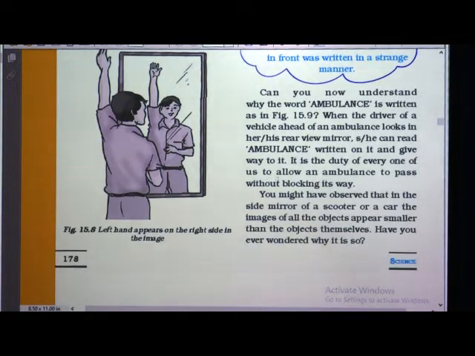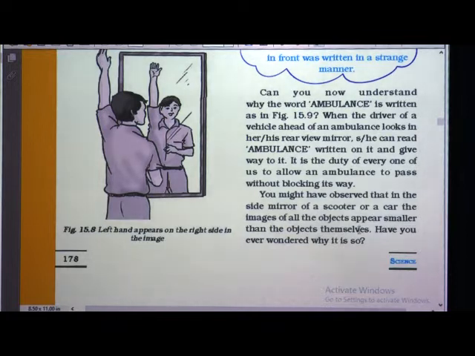Okay. You might have observed that in the side mirror of a scooter or a car, the images of all the objects appear smaller. The images formed in a side mirror of a scooter or a car appear smaller than the objects themselves.